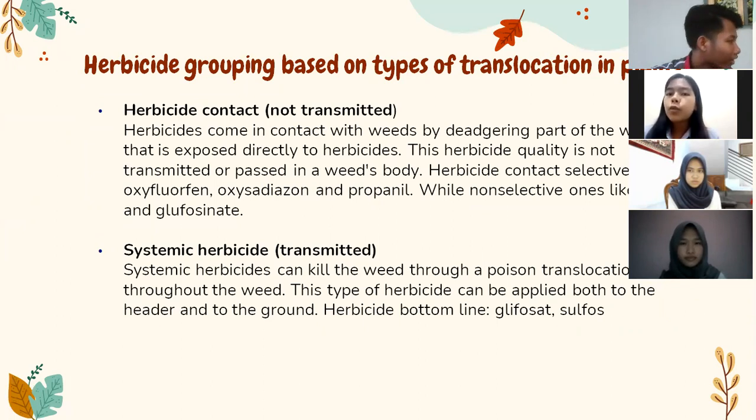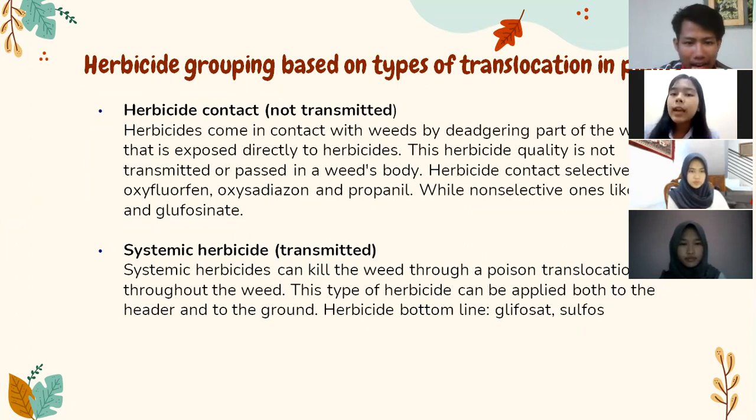by killing the part of the weeds that is exposed directly to the herbicide. This herbicide is not transmitted or passed on through the weed's body. Selective contact herbicides are oxyfluorfen, oxadiazon, and propanil, while non-selective ones are like diquat and glufosinate.